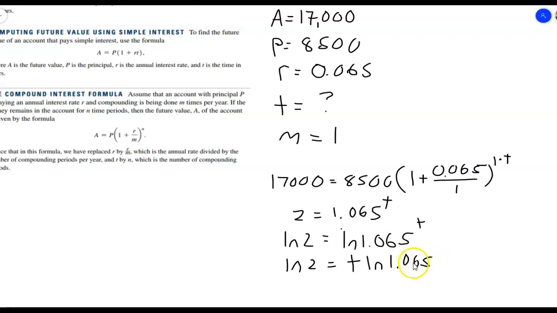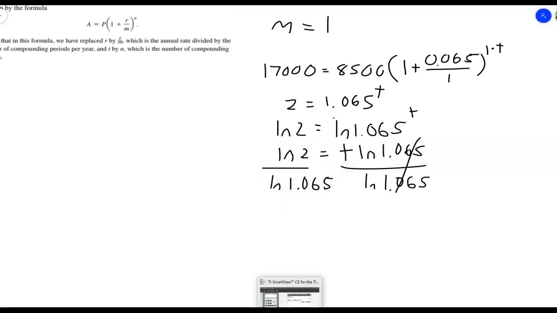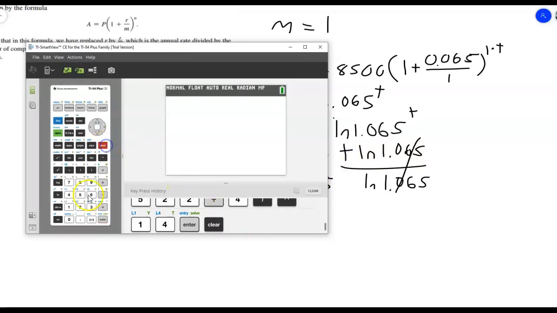And the last thing that you're going to do to get that t by itself is divide both sides by the natural log of 1.065, which is just a number. Those will cancel out, and we'll just have t is equal to this. This is something that we can put into our calculators. Depending on what calculator you have, you should have a little button that says ln.